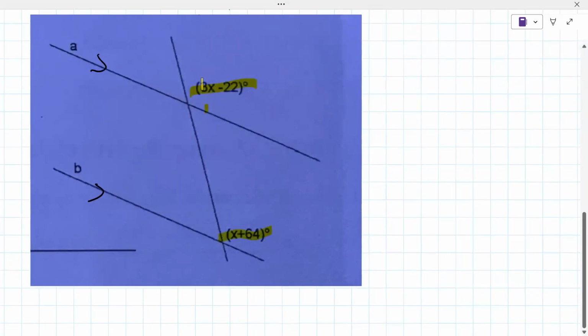What name would you give to those angles? Corresponding angles. Yes, and are corresponding angles congruent or do they add up to something? They're congruent. So I want you to set those equations equal to each other and then solve for X.